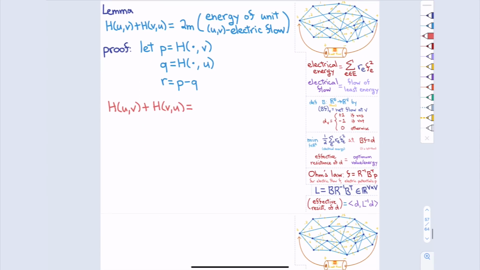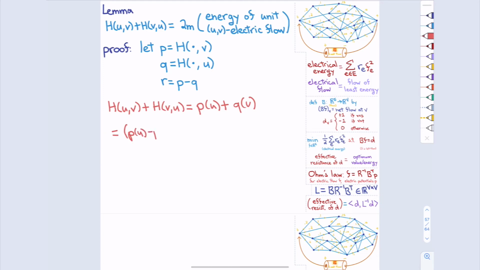All right, so let P be the corresponding potentials for V, the hitting times to V. Let Q be the hitting times to U. And let R be the difference. So we have this is equal to PU plus QV.